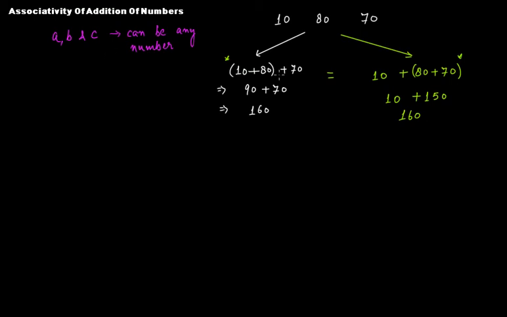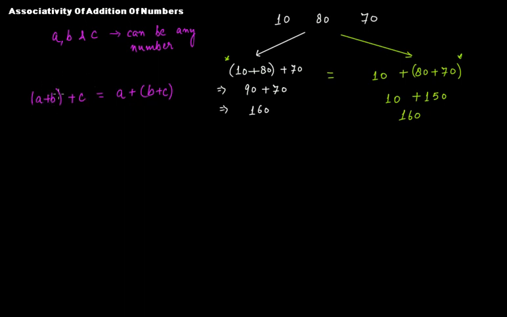Now if we look at this discussion, then we can say that if we have these three numbers, then (a plus b) plus c will be equal to a plus (b plus c). What's the difference in these two? First add a and b, then add c to the result.